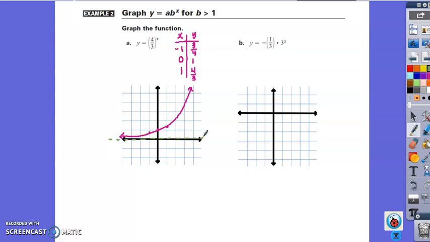Here's one. I'm going to do this one a little differently. It's got some complications. It's got a vertical reflection and a vertical shrink, but I'm going to focus on that 3 to the x. We're going to use that as our parent function. So -1, 0, 1. So that'll be 3 to the -1, 3 to the 0, 3 to the 1.